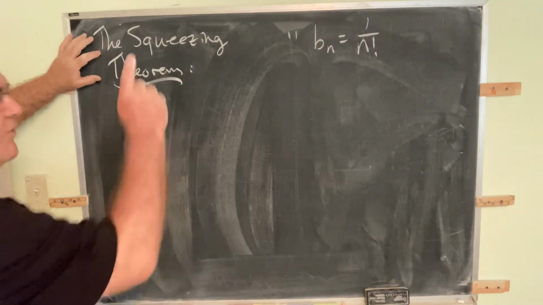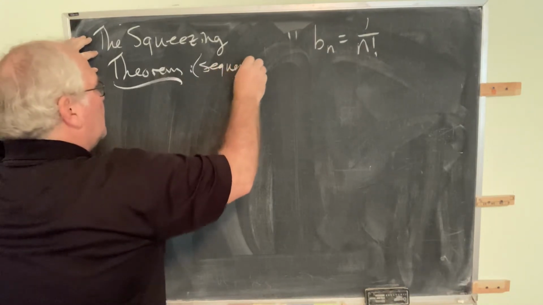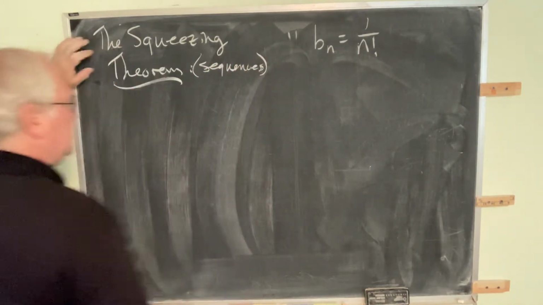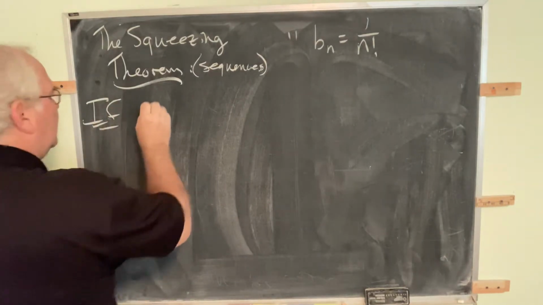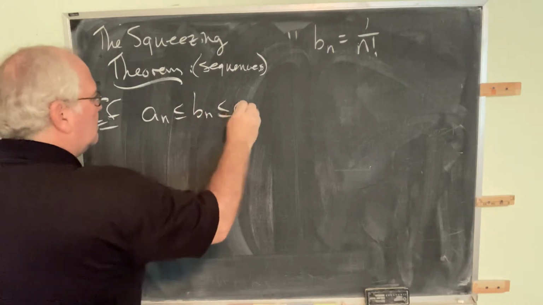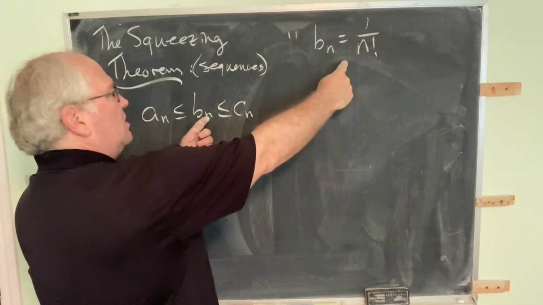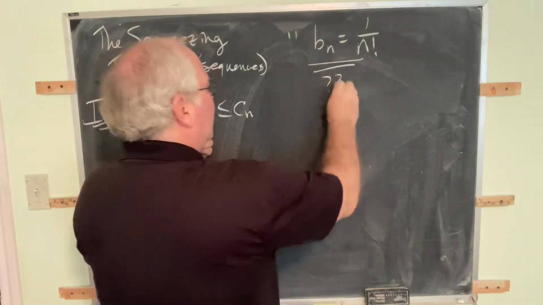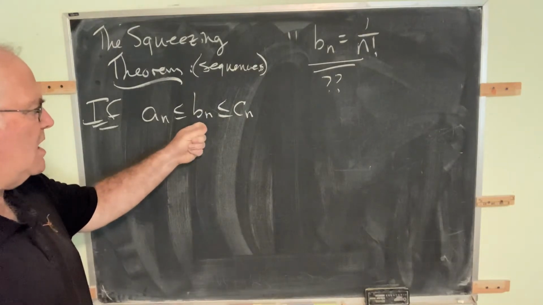The squeezing theorem for sequences says this. If, and it's a big if, this is the function whose behavior we want to know. This is the unknown function, or the unknown sequence. This is the sequence whose behavior we want to know.